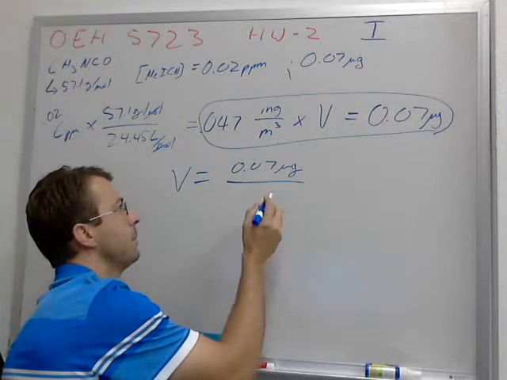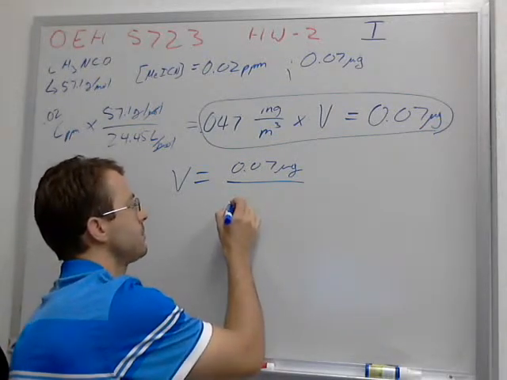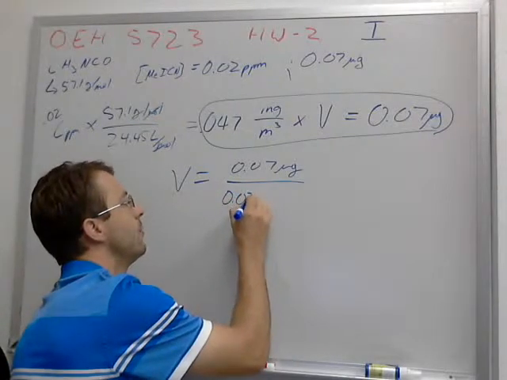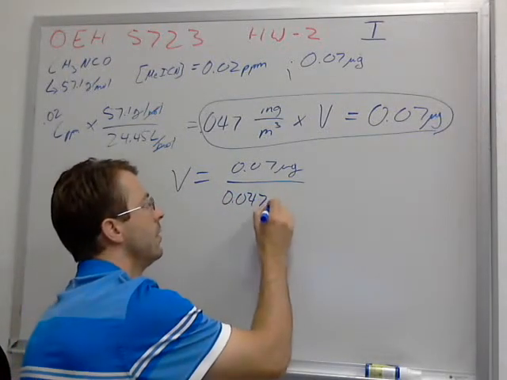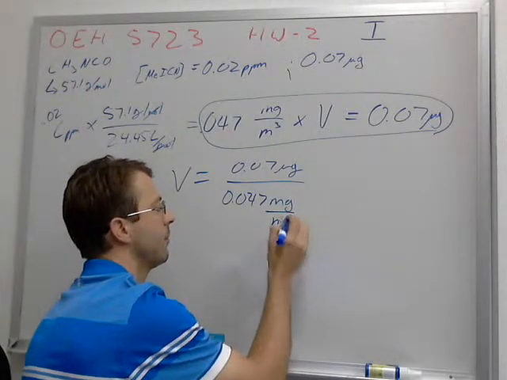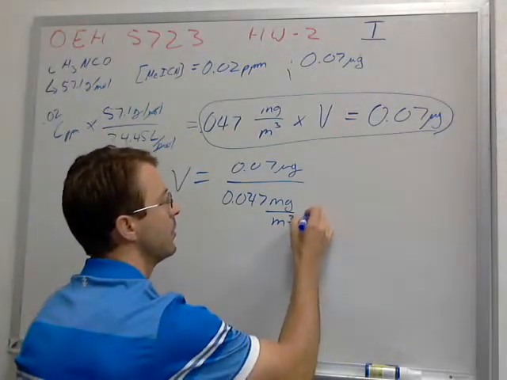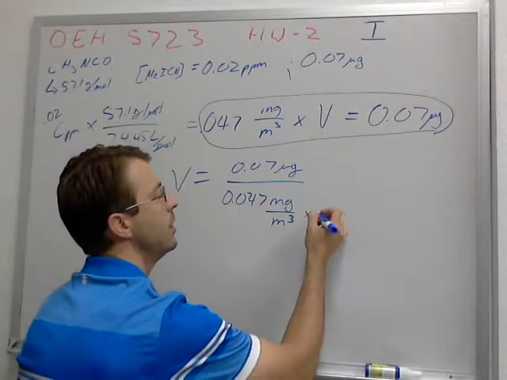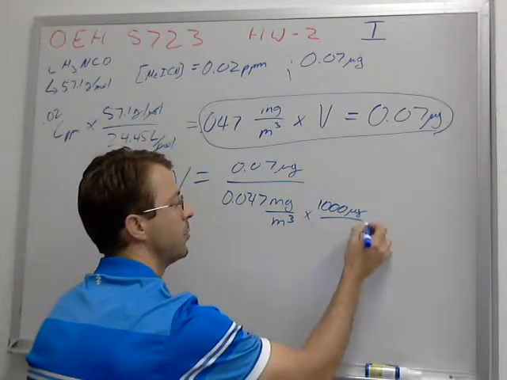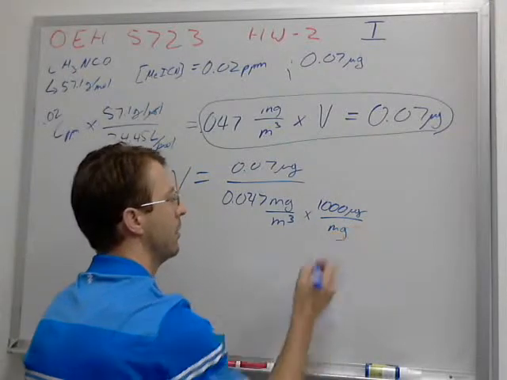So 0.047 milligrams per cubic meter. And then down here, we could just do it right here. We could say 1,000 micrograms per milligram.